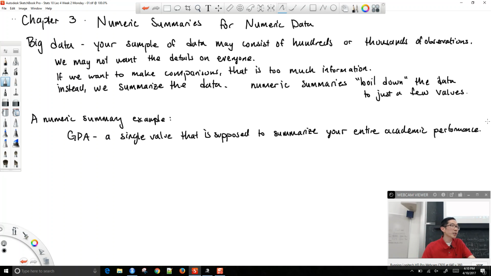If we want to compare one nation to another nation, okay, in terms of economic prosperity, we have summaries like the GDP, gross domestic product, which is supposed to be a measure of how much economic output a country has, okay?